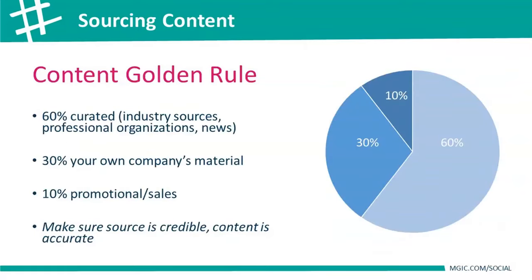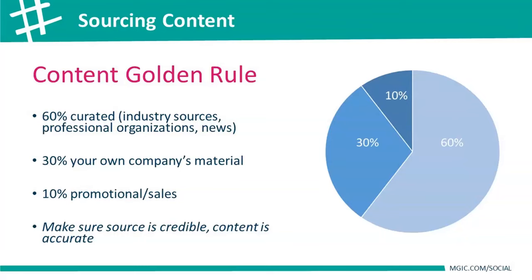What we have here is the content golden rule, right? So when sourcing content, that's great, you're finding stuff, but how much content do you want to share that is from outside resources versus content that is going to be created by yourself? And actually, the majority of that content you do want to be sourced, what we call curated content, right? So that's going to be the stuff you find on Flipboard, stuff you find on Google Alerts, on some of your favorite websites.